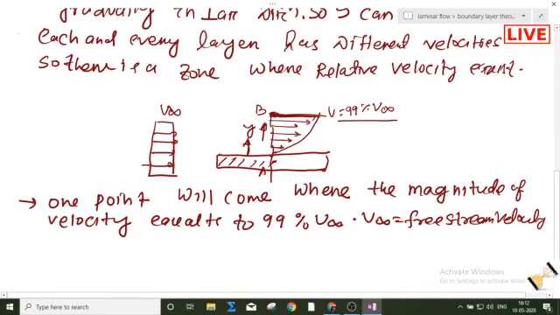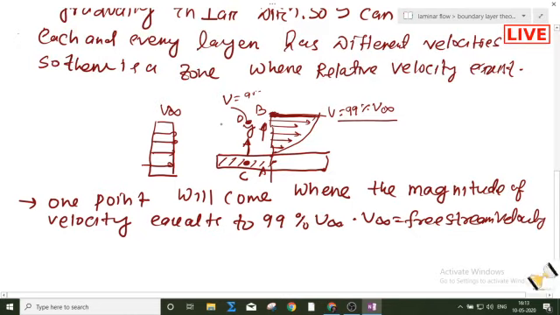Now if I move along the length of the plate, suppose I choose another point, say this point is C. There also I will find a point, suppose this point is D. At this point D also the velocity will be equal to 99% of the free stream velocity.